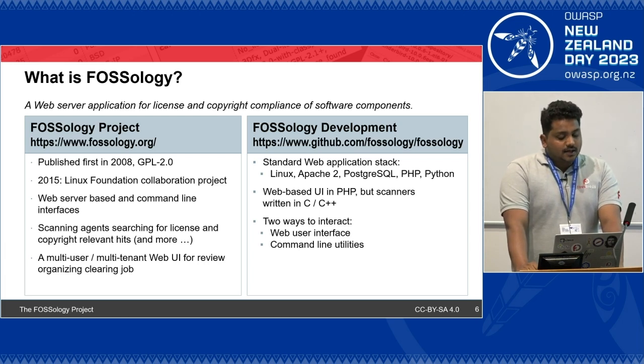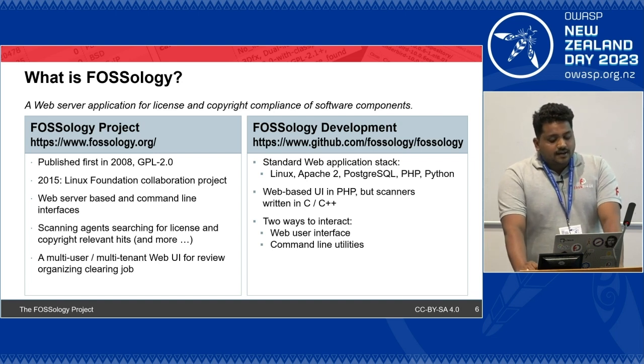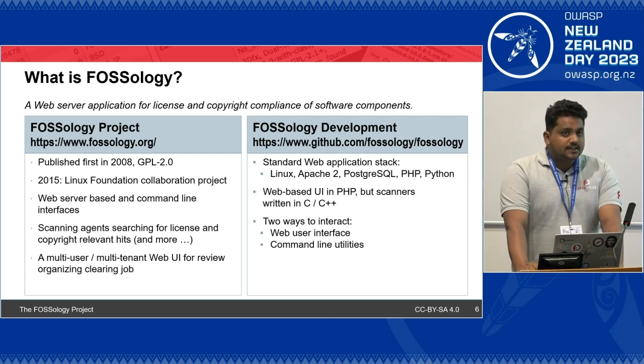FOSSology provides web server-based and command line-based interfaces. It has different agents searching for licenses, copyrights, keywords, export control statements, and many more things. It is a multi-user web UI for reviewing and organizing the clearing job.